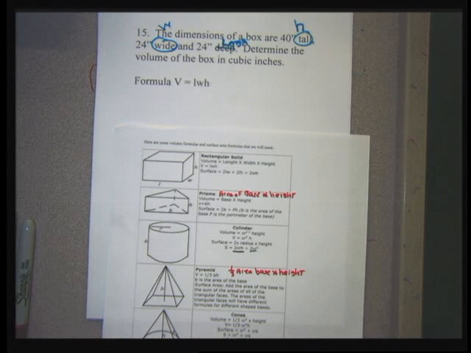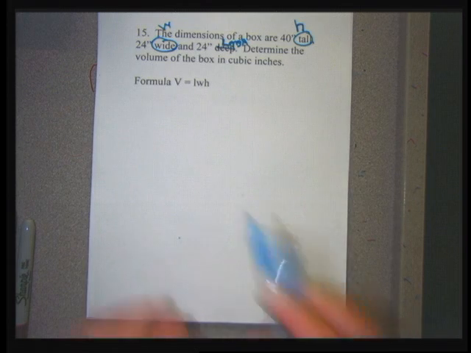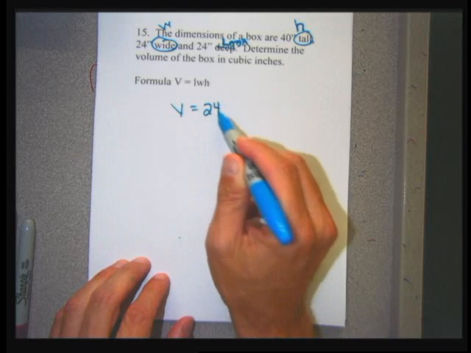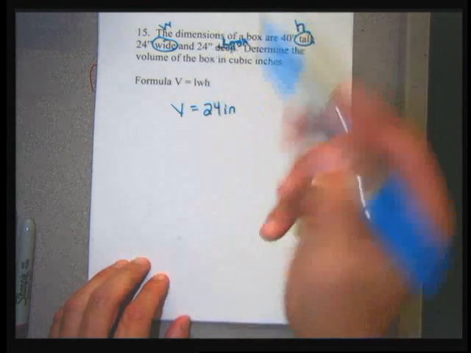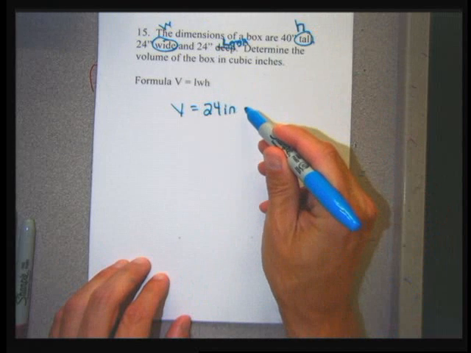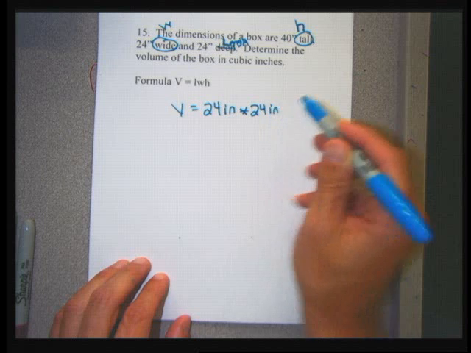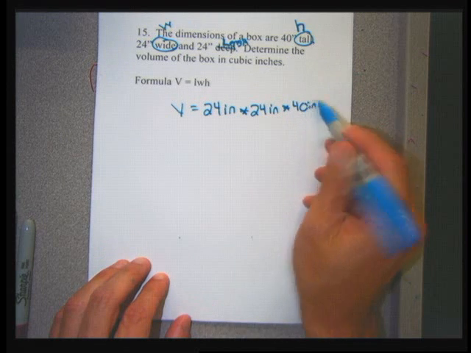So I'm going to use the formula. The volume of a box is the same as the volume of a rectangular solid, and the volume is length times width times height. I decided to make 24 inches the length. Those two little apostrophes mean inches. So 24 inches is the length, 24 inches is the width, and 40 inches is the height.